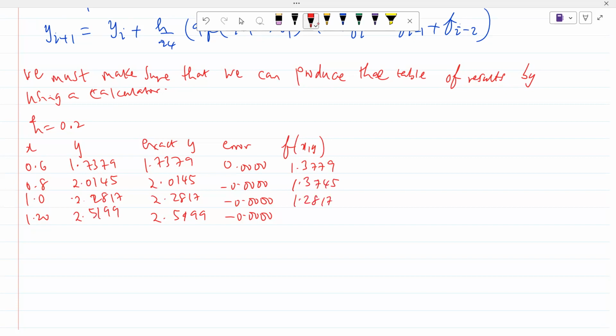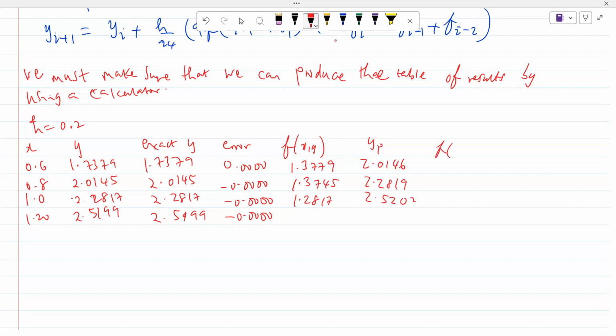The predictor values using the predictor formula are 0, 1, 4, 6. This is just a summary of all the values, but you need to get them step by step with a calculator. 2.2819, and then 2.5202.